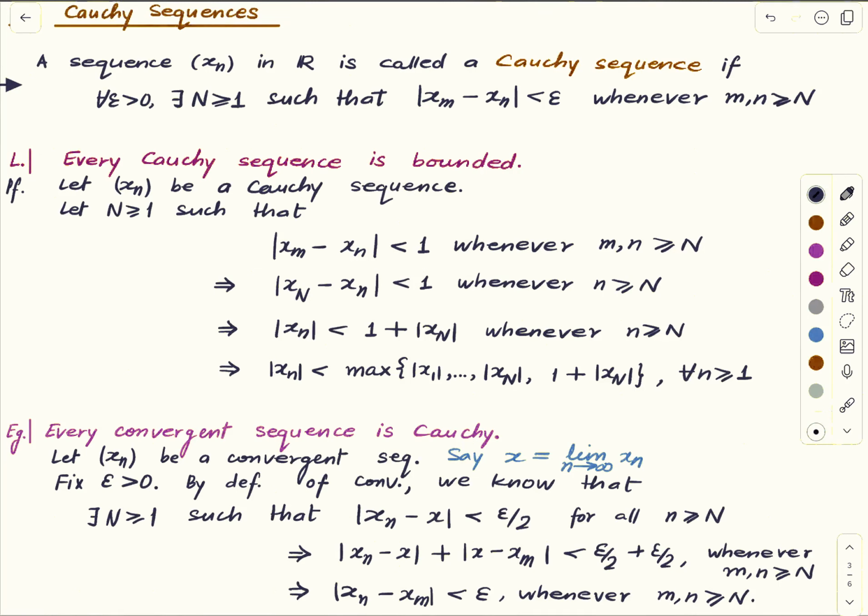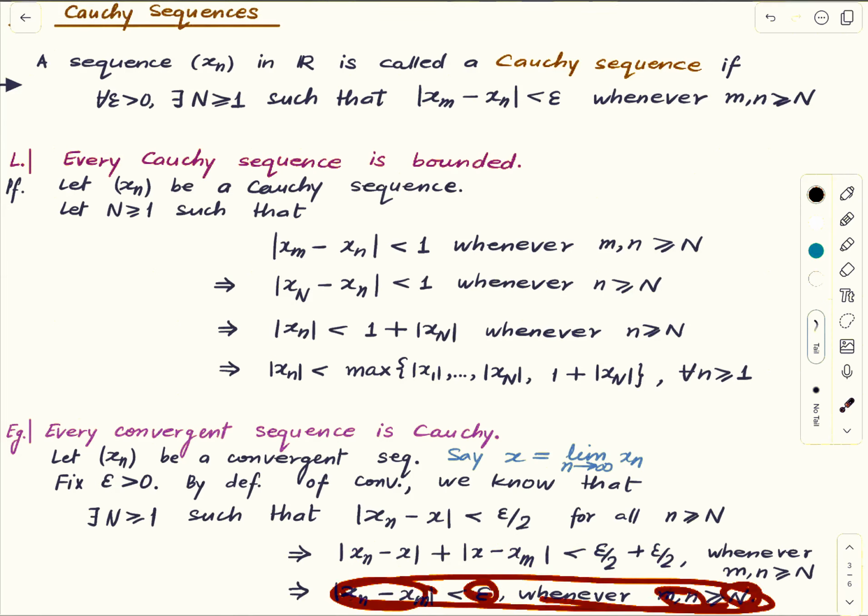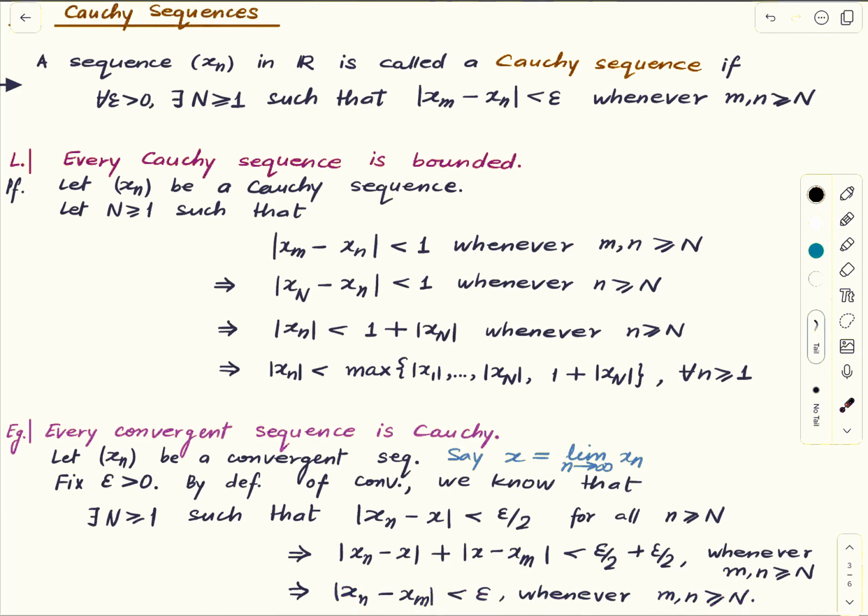So this thing dominates that thing. That is by triangle inequality, and it is dominated by epsilon, and therefore this is at most that whenever little m and little n are at least capital N. And therefore the sequence is Cauchy, because this is exactly what we wanted to deduce. Alright, so every convergent sequence is Cauchy, and therefore there are ample examples of Cauchy sequences.